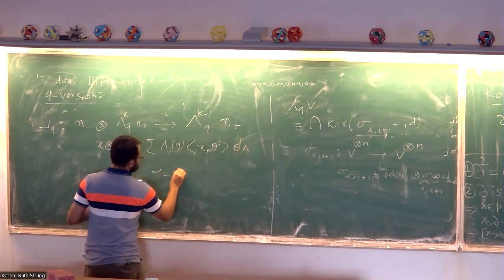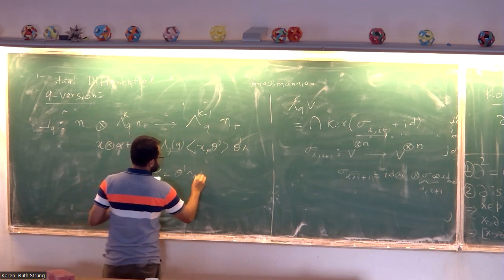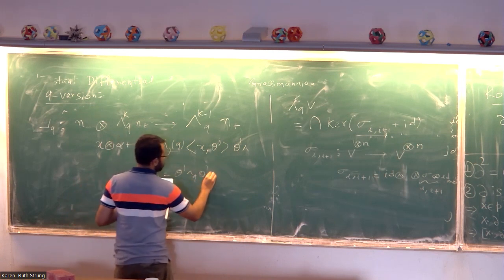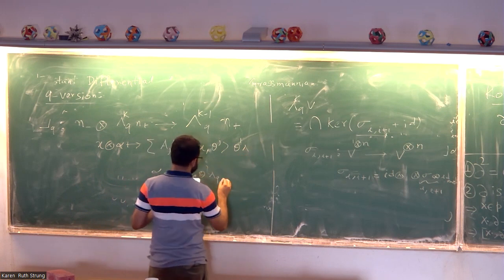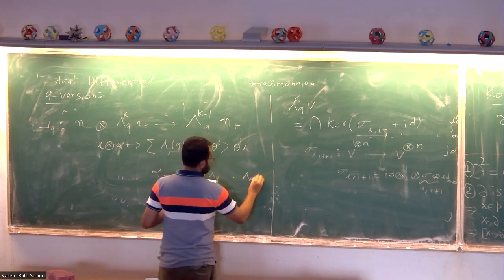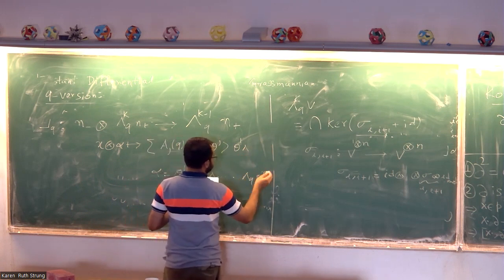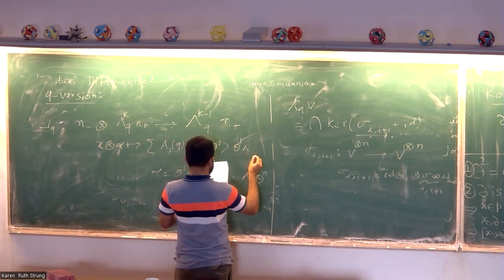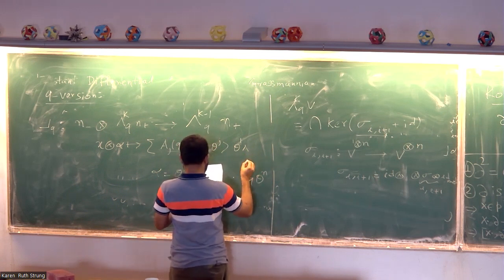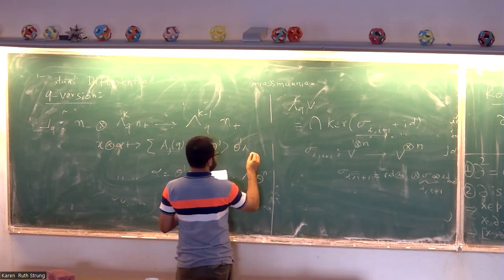Alpha has the expression theta_1 wedge_q theta_2, which actually comes from this idea.